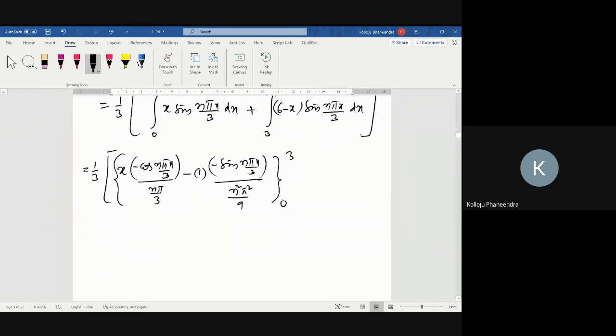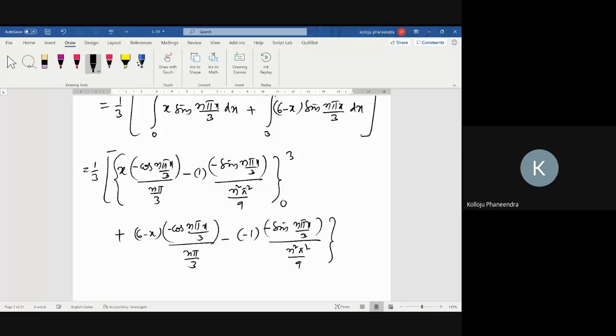Coming to the second one, plus 6 minus x into minus cosine n pi x by 3 by n pi by 3, minus 6 minus x derivative minus 1, and again cosine integration gives sine, n square pi square by 9. And this is between limits 3 to 6.